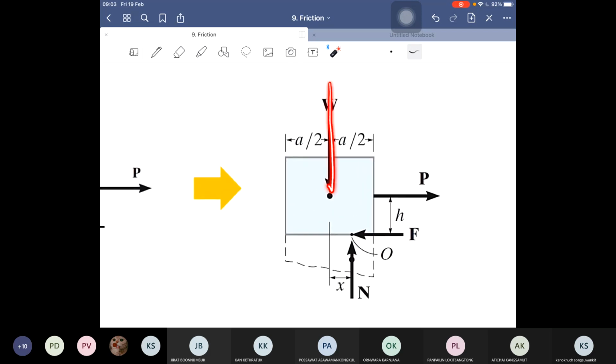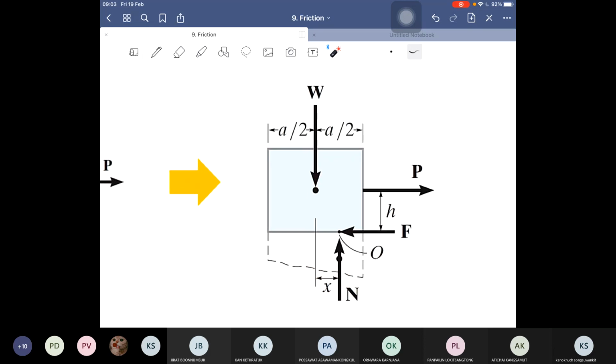The weight acts at the center, but the normal force N acts at the centroid. Suppose that the position of the centroid measured from the center of this box equals x. And force P acting on this box has a height h, measured from the floor.